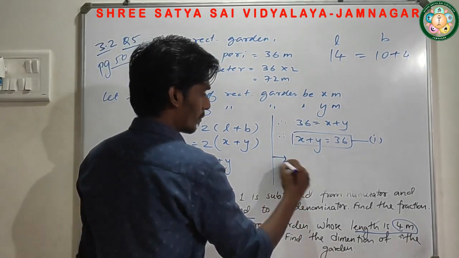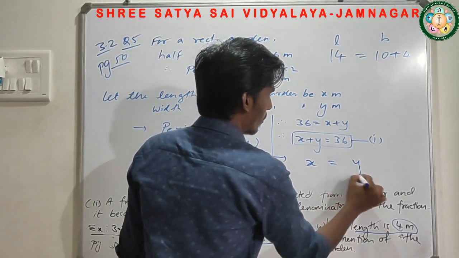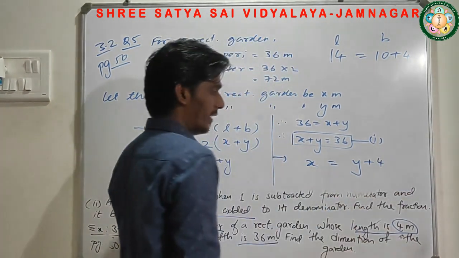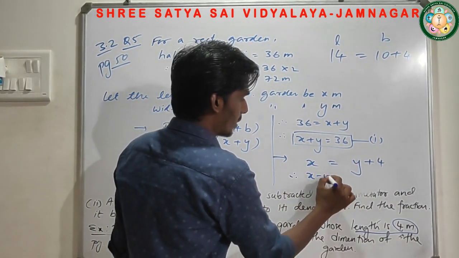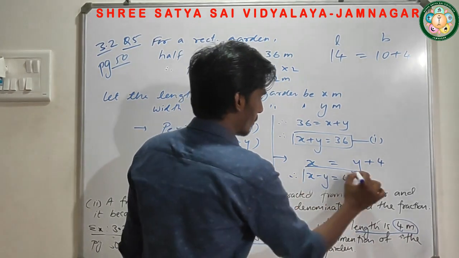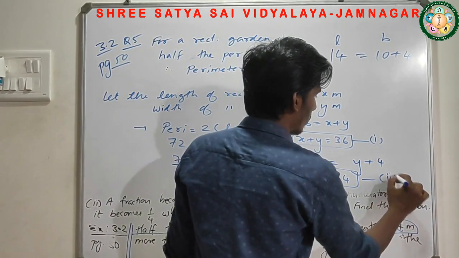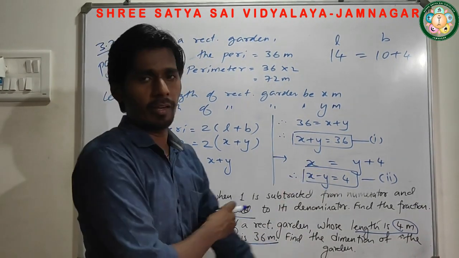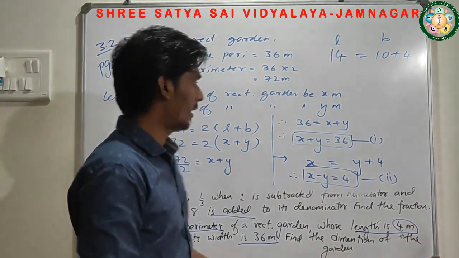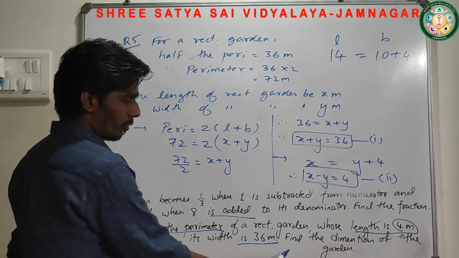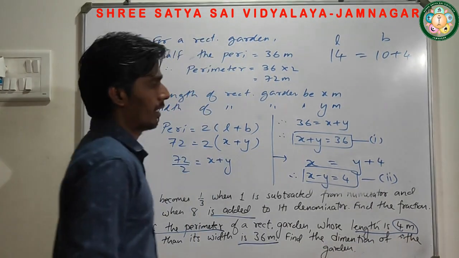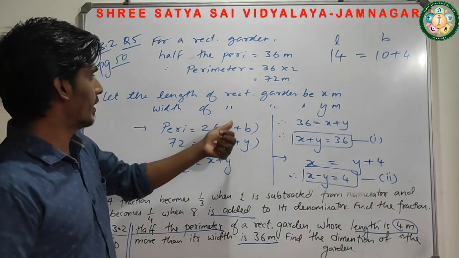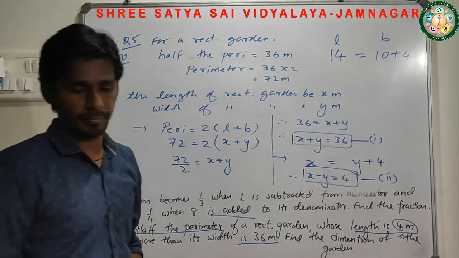Similarly here with x and y, this length is 4 more, so to make them equal, add 4 here. Therefore, x minus y equals 4. Say this is equation 2. Now you eliminate one variable and easily you get the values of x and y. The question is to find the dimensions of the garden. From these equations, we will get the values of x and y, that are the length and breadth.